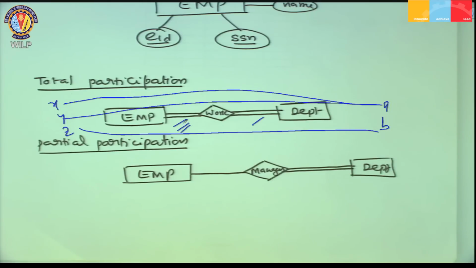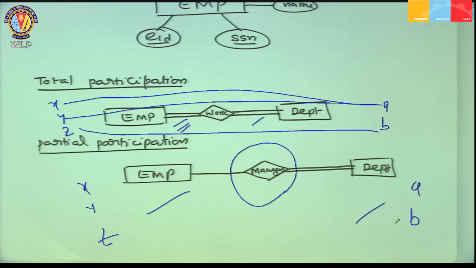And sometimes, as in the previous example we have seen, it is partial, that is for employee. Suppose we take the relationship manages between the employee and department entity types. The rule says that every department must have at most one manager, and some employees become managers. Suppose I have X, Y, Z as the employees and A, B as the departments.